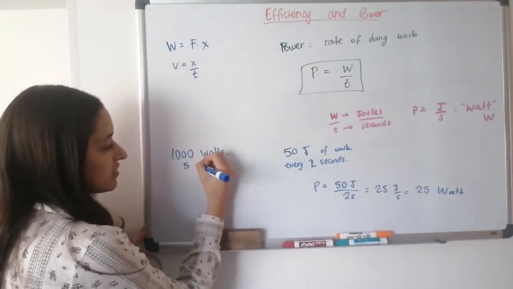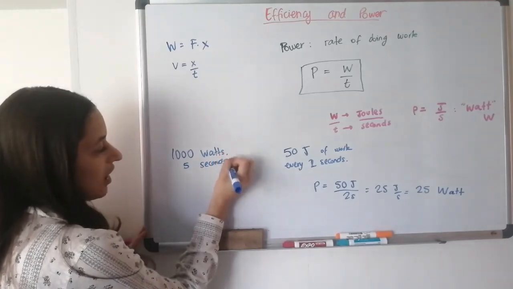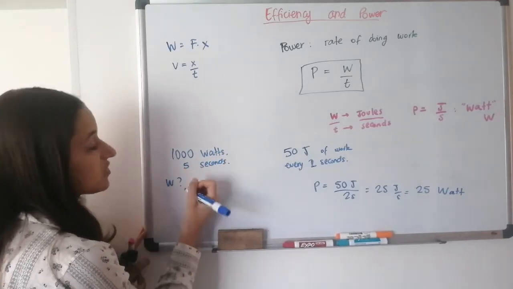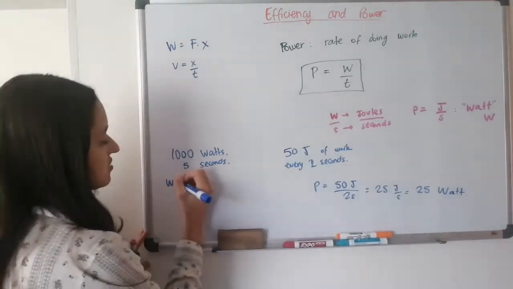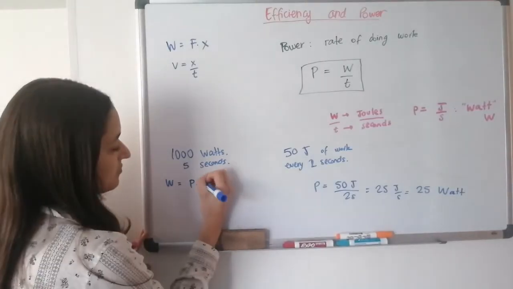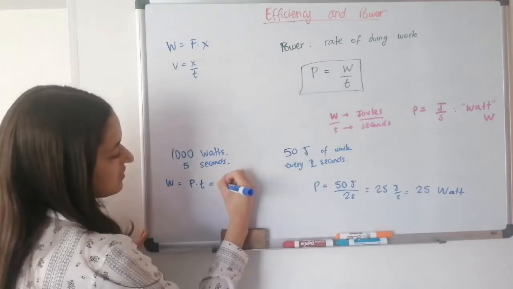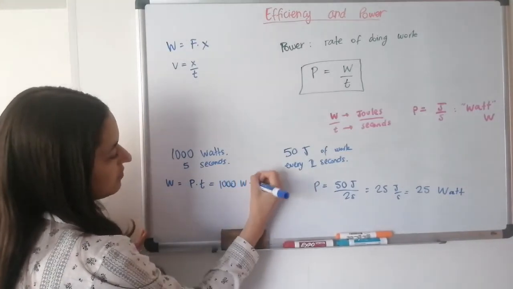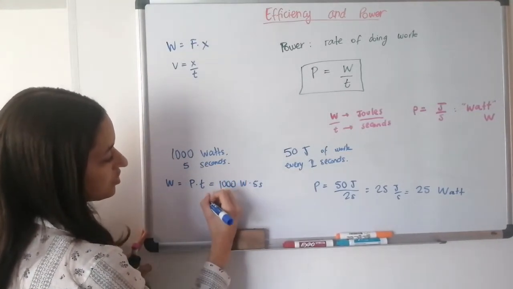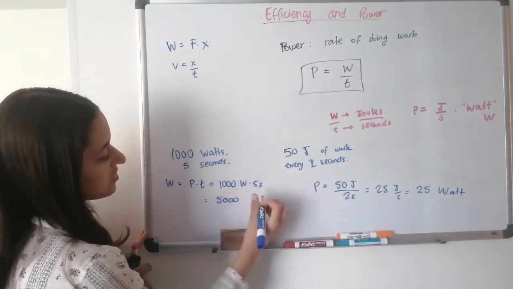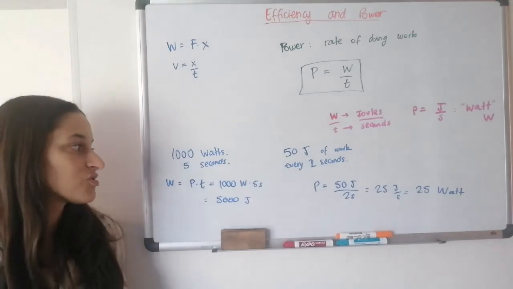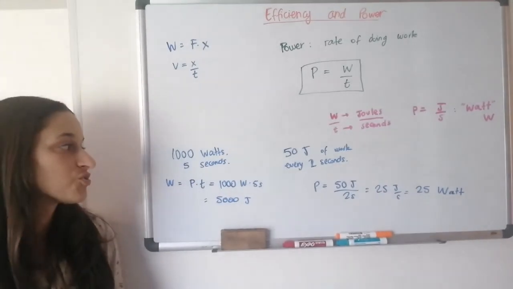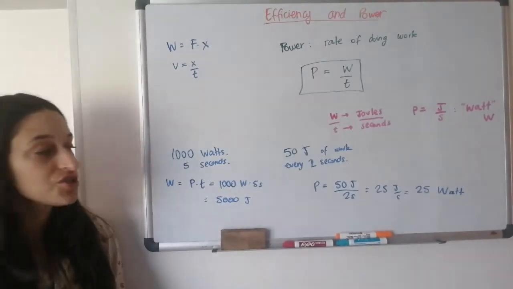So 1,000 watts, 5 seconds. How much work does it do? You solve for work here. You pass T to multiply, and you get that work is equal to power times time. So you do 1,000 watts times 5 seconds, which gives you 5,000 joules, because work is in joules. So this is another way to use the equation.